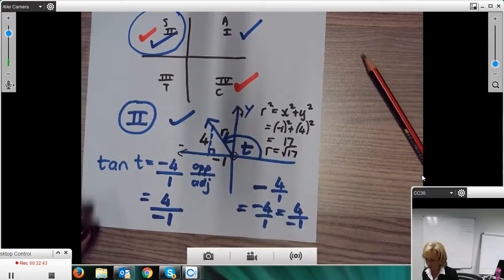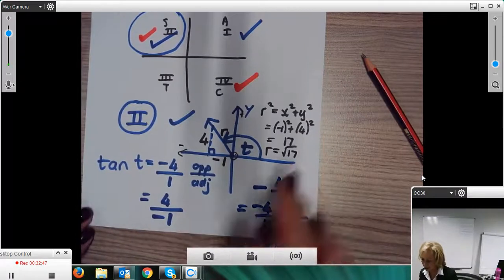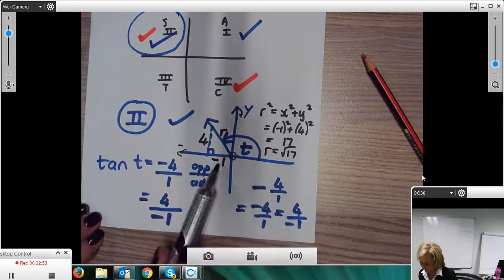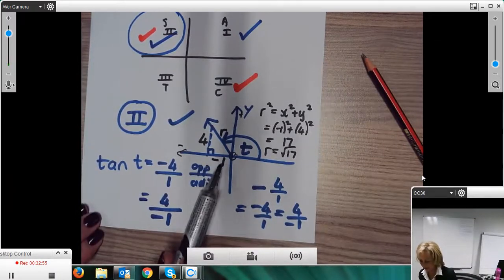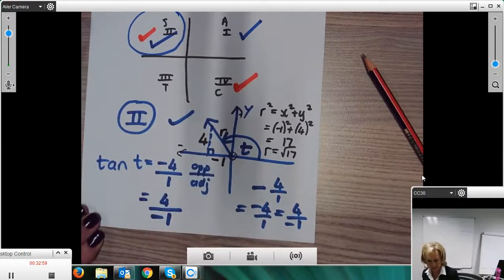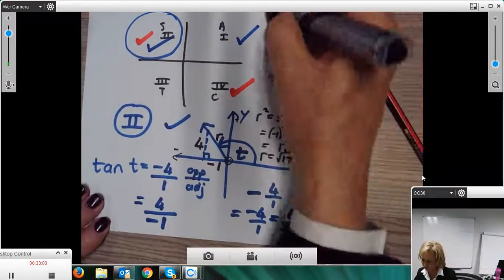So the radius of this circle, or the hypotenuse of this right angle triangle, is root 17 units. So now I have a complete triangle. Along the x-axis I have -1, along the y-axis I have 4 units, and the radius is root 17, and so now it is very easy to complete this.